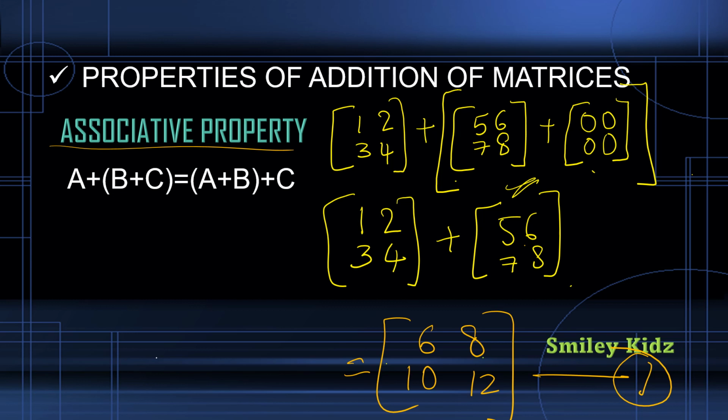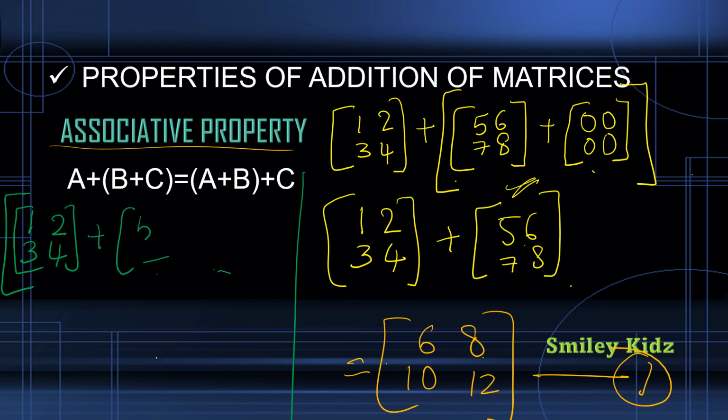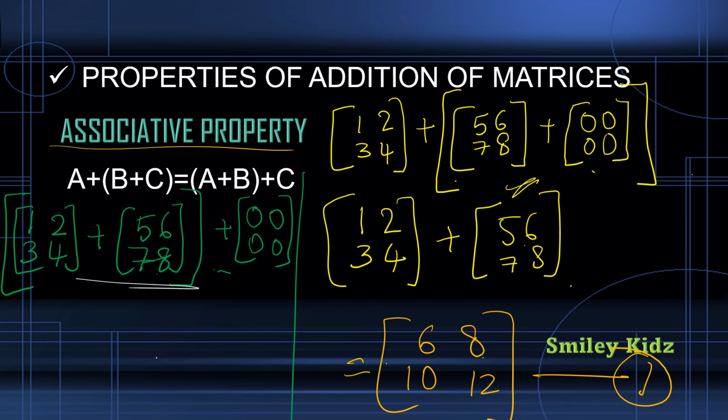Now if I change the order of the matrices, that is if I put the brackets around the first two, 1, 2, 3, 4 plus 5, 6, 7, 8, plus 0, 0, 0, 0. Firstly, we're going to solve the brackets.